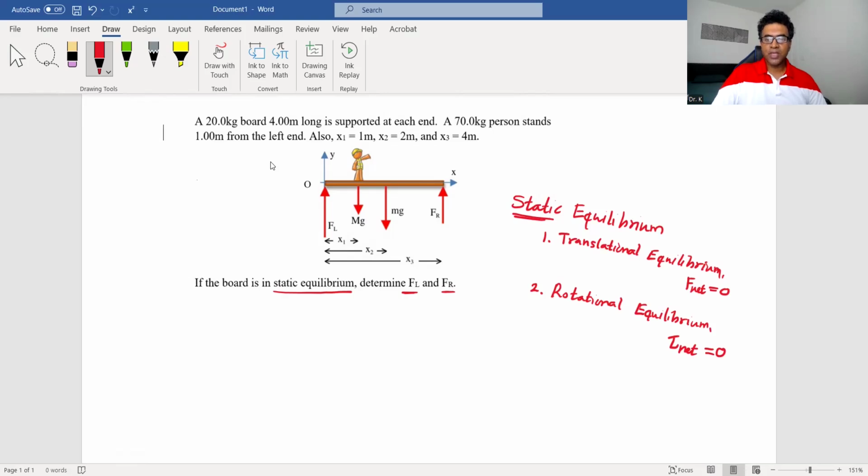First, I'm going to use translational equilibrium. Looking at the stability of the board, I'm going to write down the net force equals zero for the board. I'm not looking at the person. I'm looking at the stability of the board.